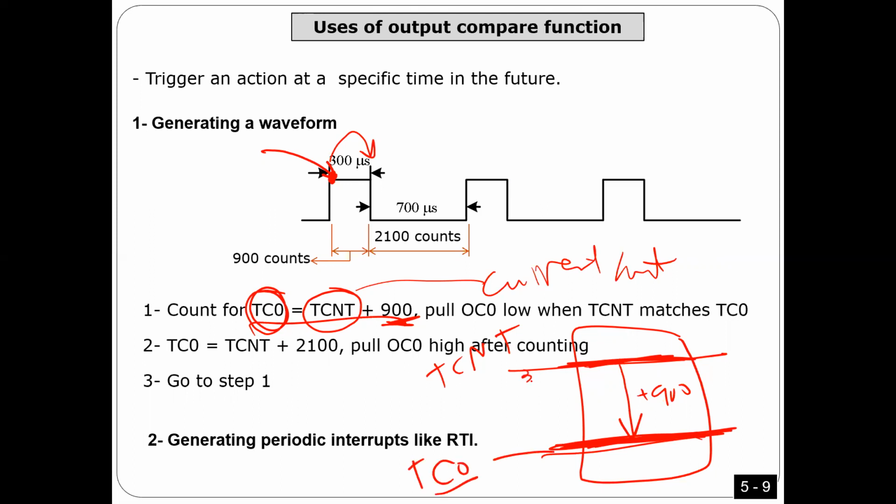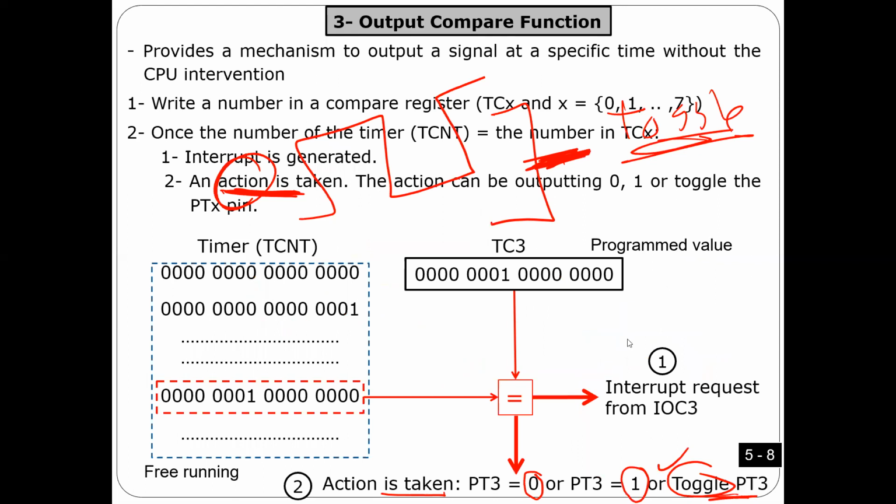So the timer is going to count. Once it is equal to TC0, two things should happen, as you see in this figure here. Look here, guys. I have to put some value in TC0, or TC3, whatever channel you are using, and this should be a value in the future. So if TCNT is here, after 900, I'm going to take this value, put it here, and then the timer is going to count.